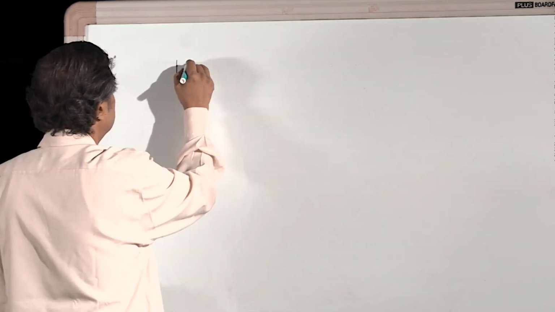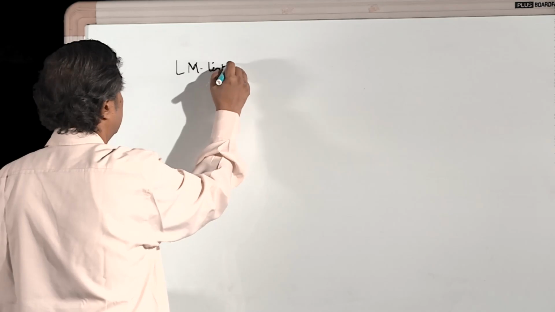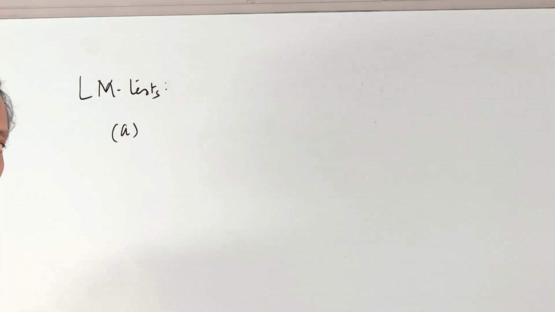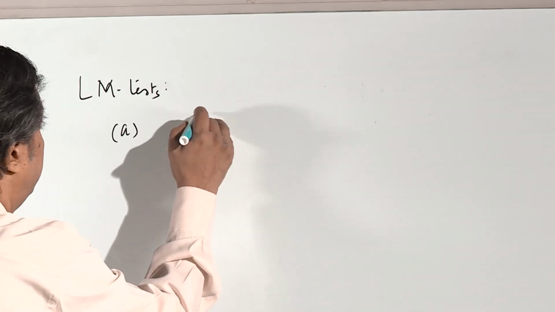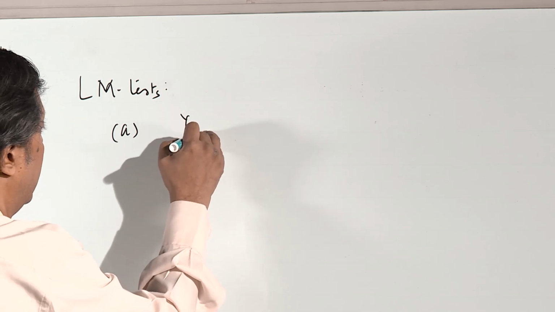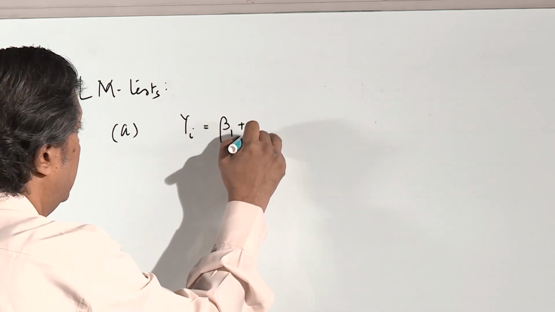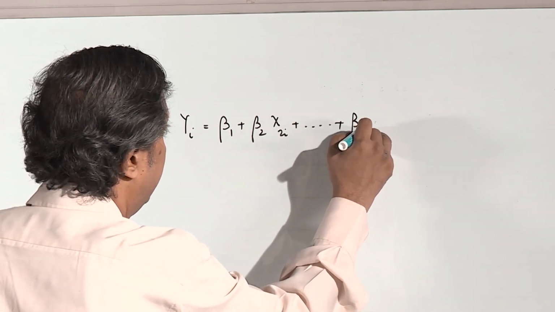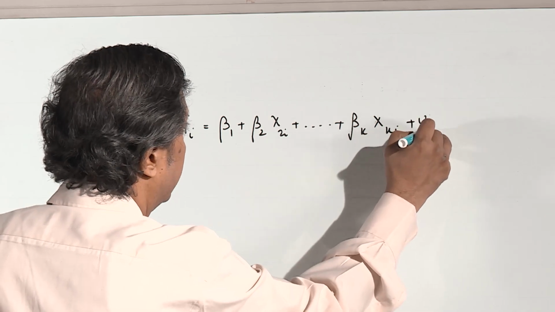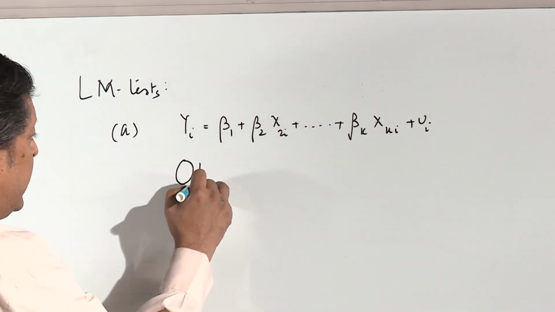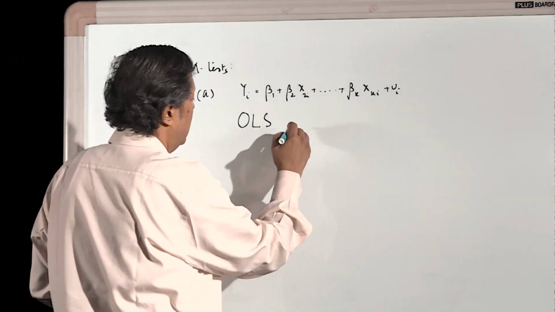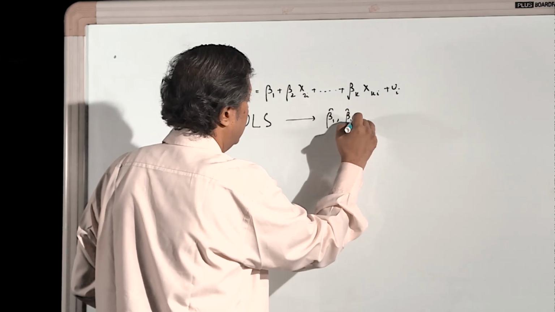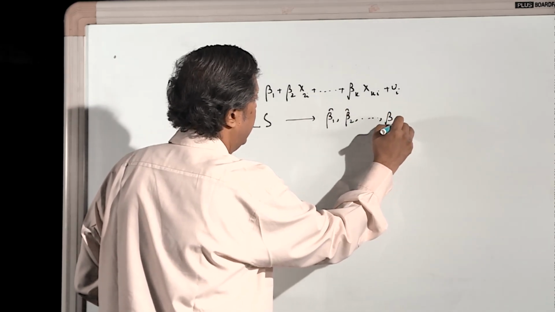The LM tests. So, let us take case 1. The basic model is yi equal to beta 1 plus beta 2 x2i plus beta k xki plus ui, and we apply ordinary least squares. That gives us beta 1 hat, beta 2 hat, right up to beta k hat.